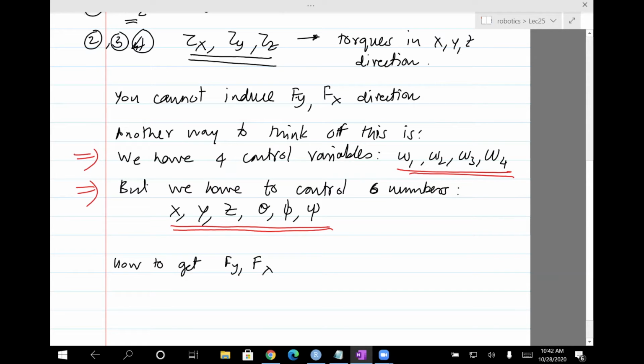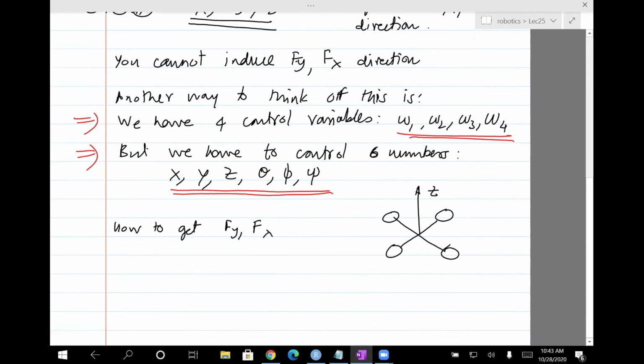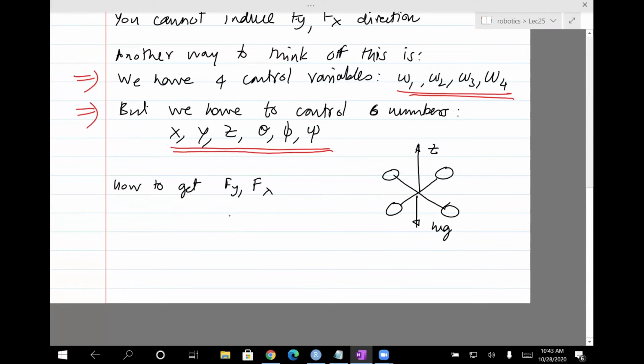Okay, so what I was saying is the quadcopter in its original configuration is like this. Its Z is like this, and all the forces are acting in the Z direction balancing mg. So to get any of these forces, what you will do is apply a torque.